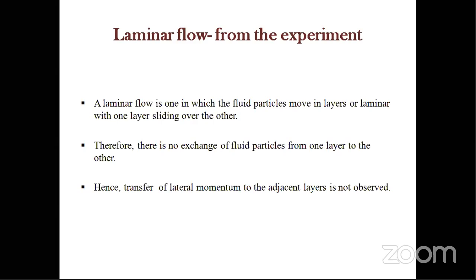If you disturb it with a finger, the streamline breaks down and converts into transitional or turbulent flow. This depends on the lateral momentum of the adjacent layers, which is not observed in between the liquids. So this is the laminar flow we get from the experiments.